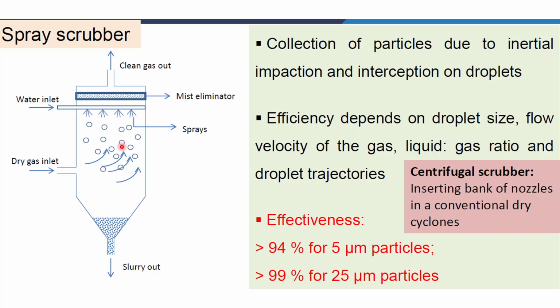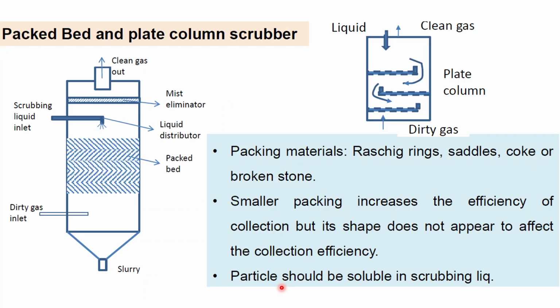This water takes away all the particulate matter, which settles down below, and the clean gas comes out from the top side. It gives a very good efficiency of about 94% for 5 micrometer particles and 99% for 25 micrometer particles.